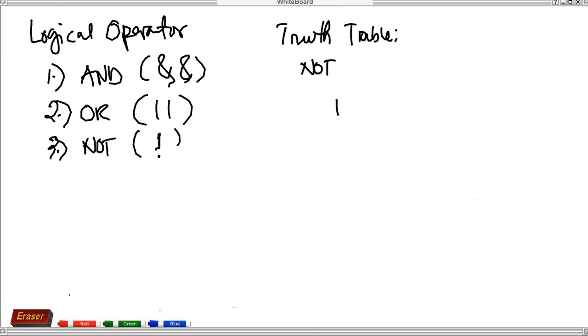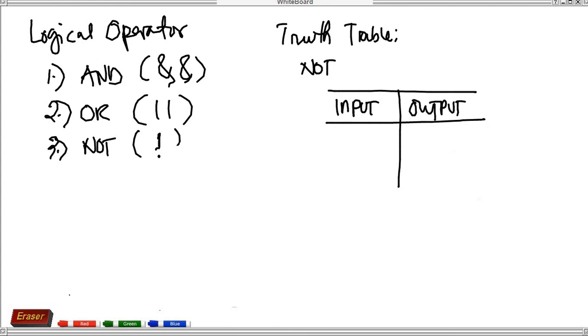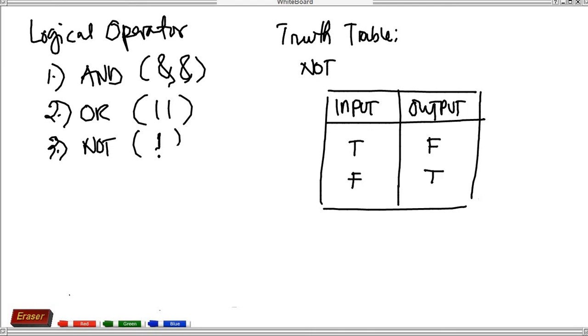Okay? So, input, tsaka output. Since duha lang man siya, duha ra pod imong kailangan dire. If the input is true, i-invert lang niya na, i-false niya na. If the input is false, i-reverse niya na true. Okay? That's the concept of NOT.